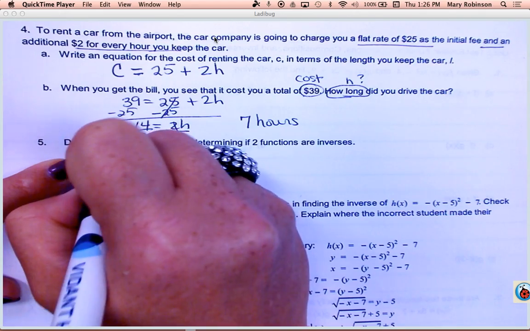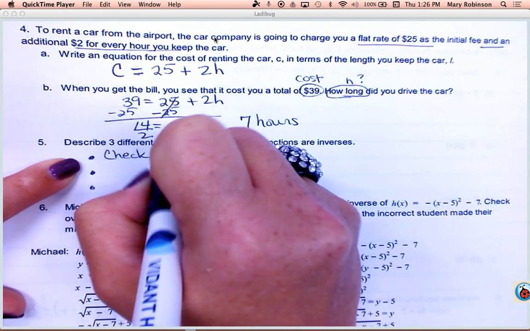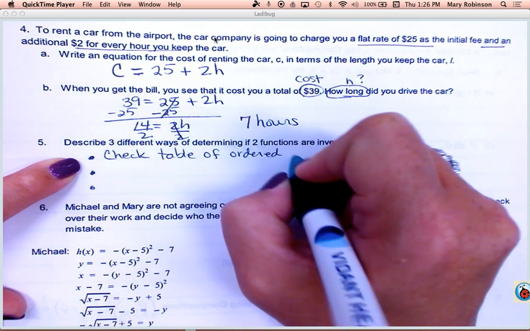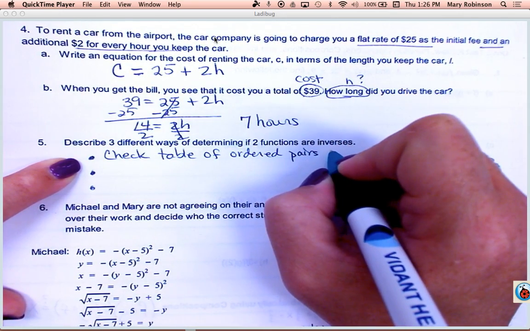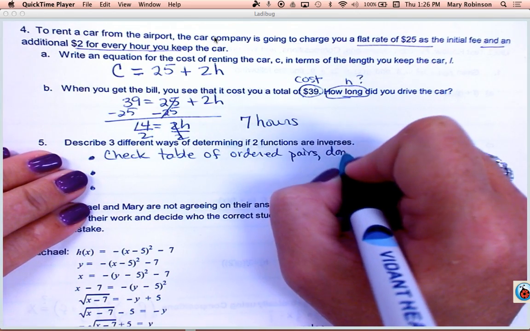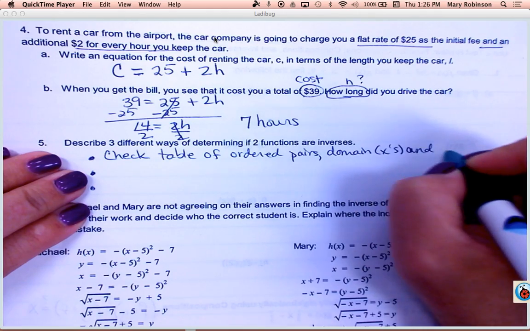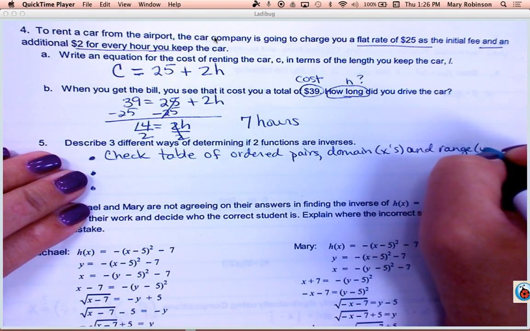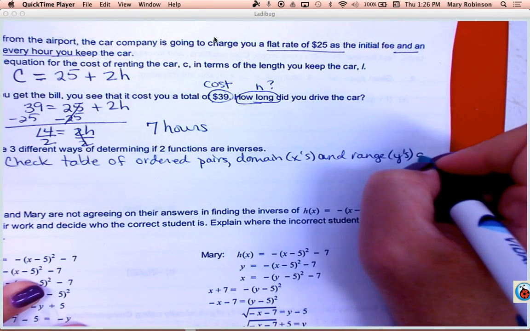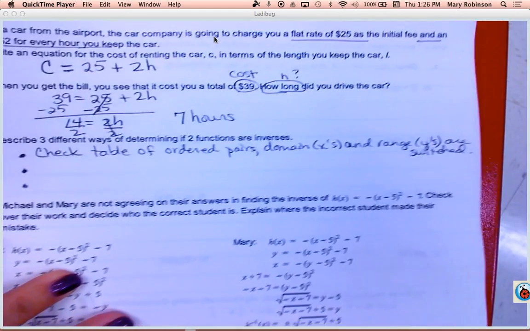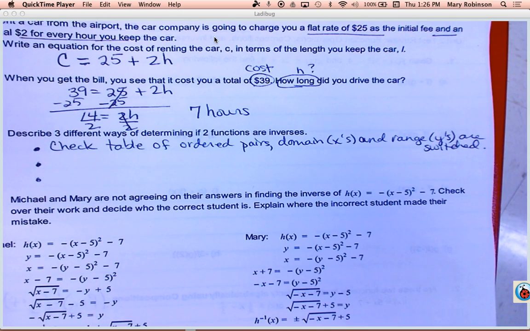So I'm going to put up here that if you check the table of ordered pairs, the domain, which are your x's, and range, your y's, are switched. So check your table of ordered pairs, the domain and the range should be switched.